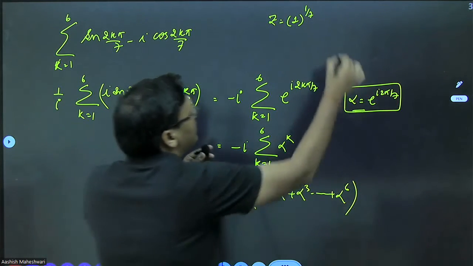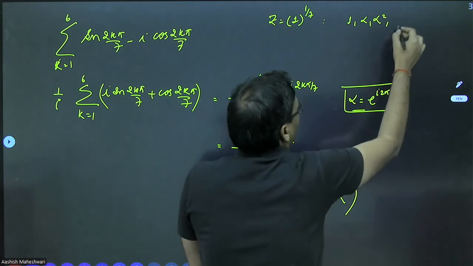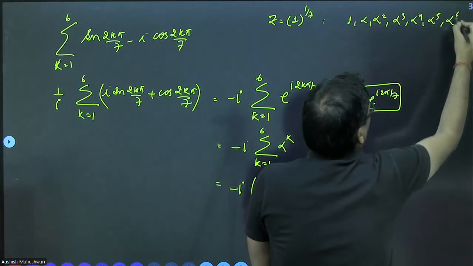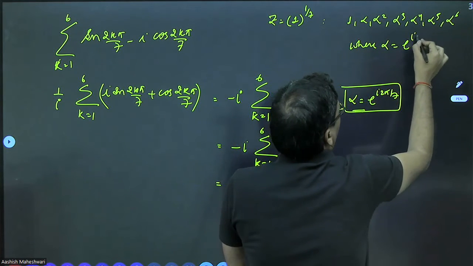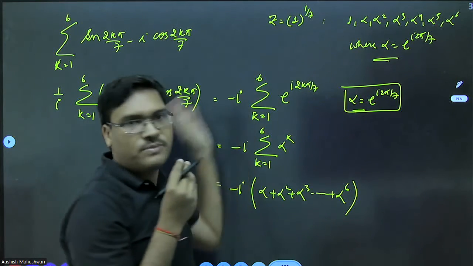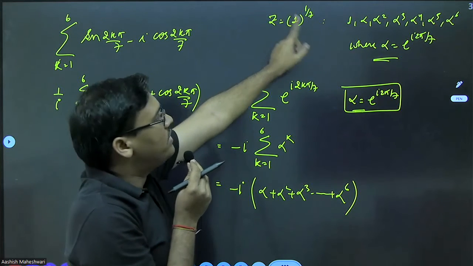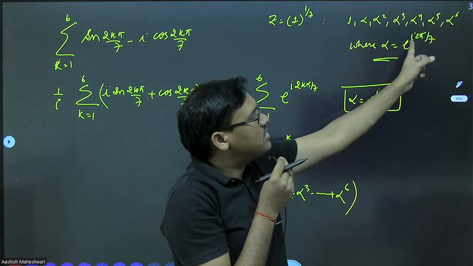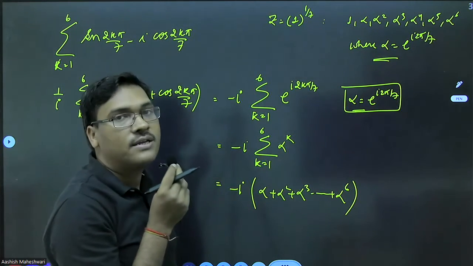Can we say the seventh roots of unity will be 1, alpha, alpha square, alpha cube, alpha 4, alpha 5, alpha 6, where alpha is e raised to iota 2π/7. This is the concept we just discussed: the nth roots of unity are 1, alpha, alpha square, up to alpha raised to n minus 1, where alpha is e raised to iota 2π/n. Here the value of n is 7 because we are writing the seventh roots of unity.